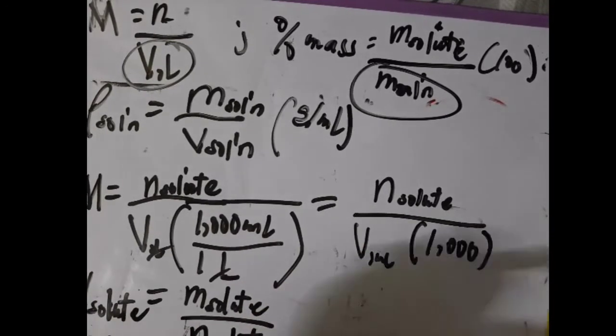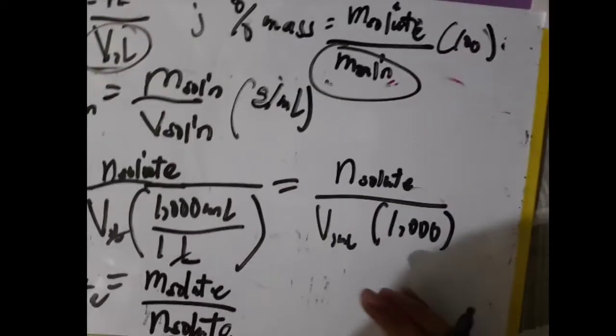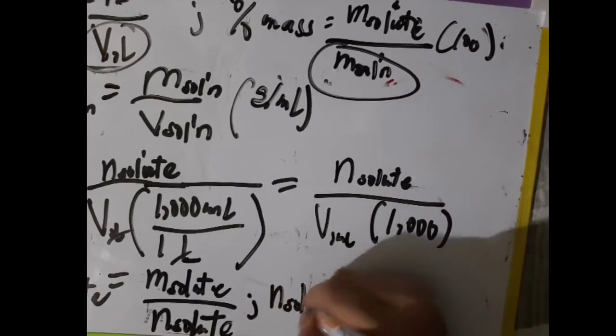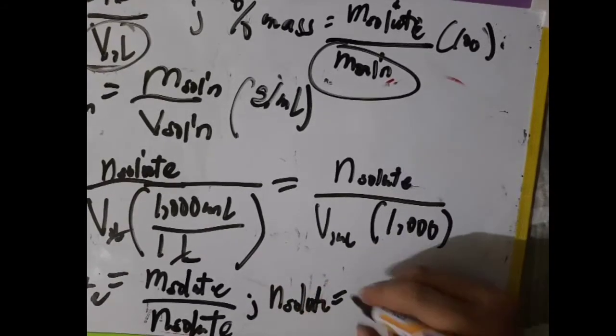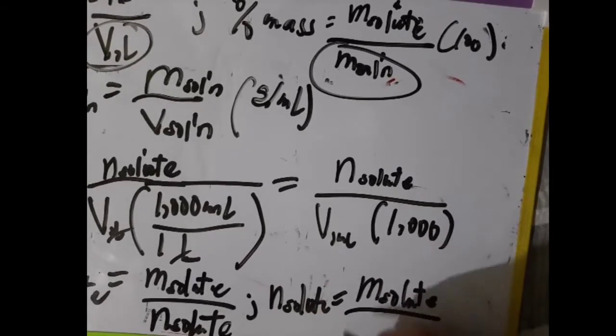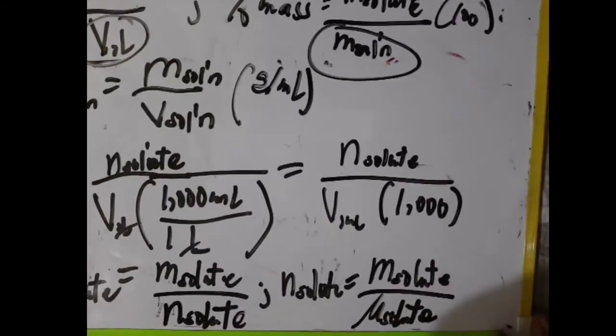Because by definition, molar mass is the number of grams of a pure substance per 1 mole of it. So the moles of solute therefore is equal to the mass of solute divided by its molar mass.